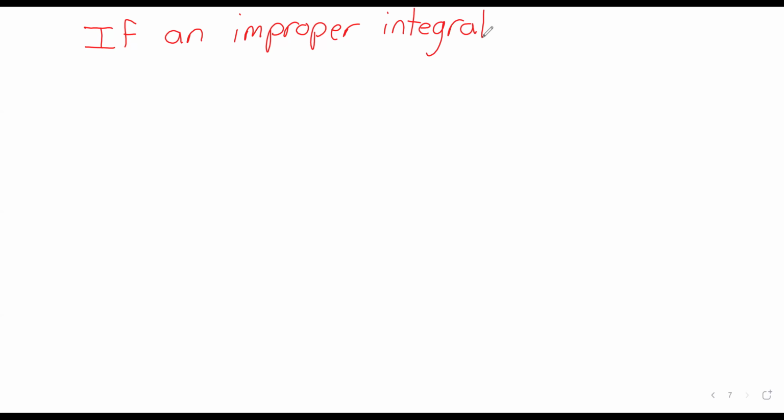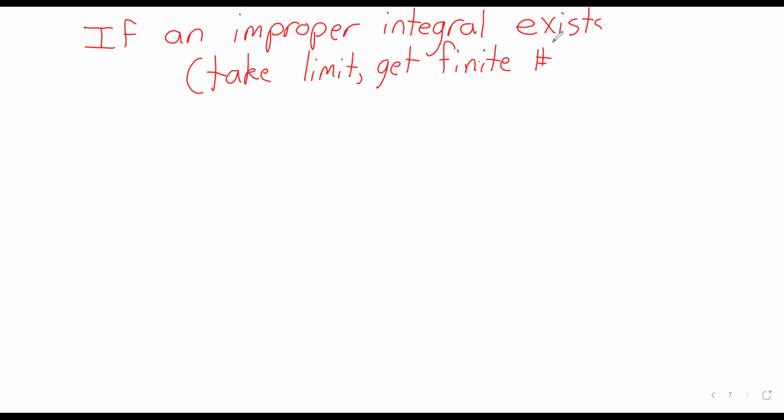If an improper integral exists, that is to say, we take the limit and we get a finite number, we say it converges. Which is maybe slightly weird in isolation.